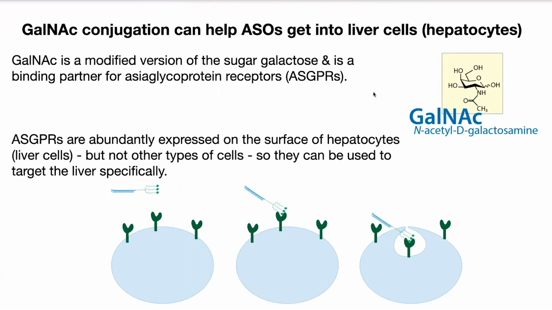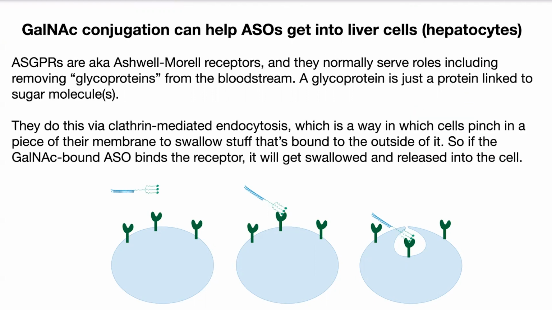And GalNAc is going to be a binding partner, or ligand, for these things called asialoglycoprotein receptors, or ASGPRs, which are abundantly expressed on the surface of liver cells, but not other cells, so you can target them to the liver specifically. What happens is that when the GalNAc binds to one of these receptors, it's going to get taken in through something called clathrin-mediated endocytosis.